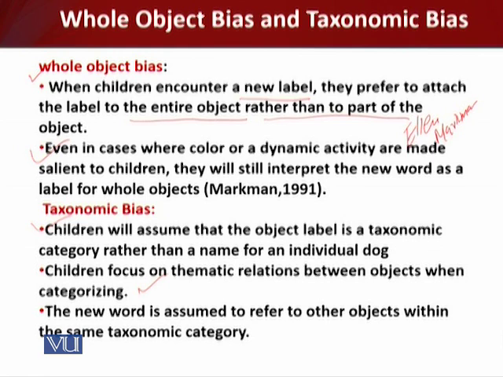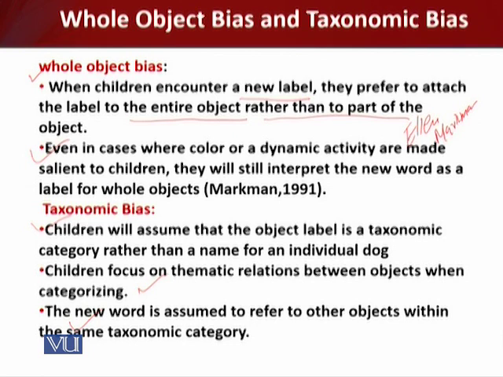However, when children hear a new label, they shift their attention from thematic relationships to taxonomic relationships, even though they consider thematic relations to be a good way of recognizing objects themselves. The new word is assumed to refer to other objects within the same taxonomic category.